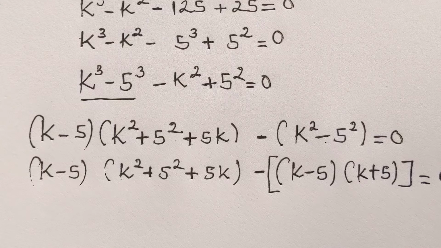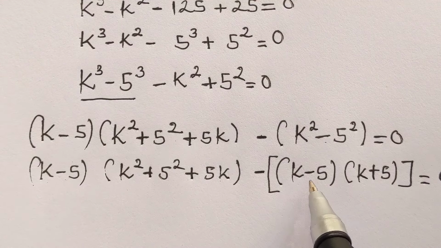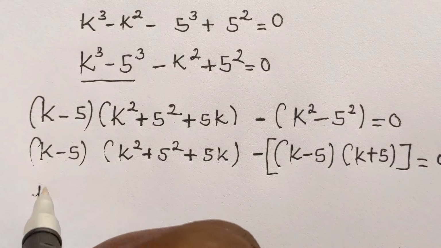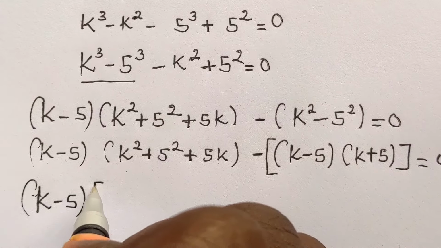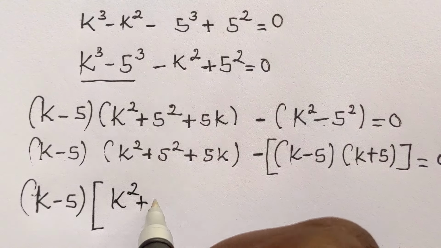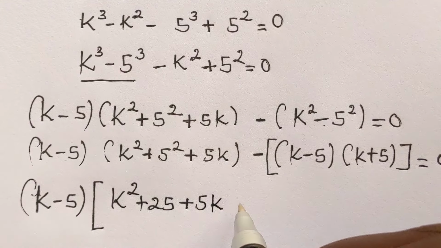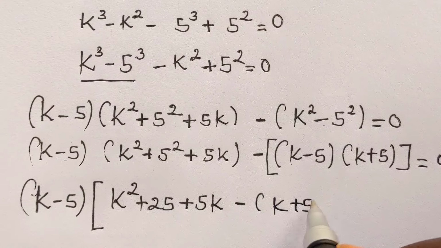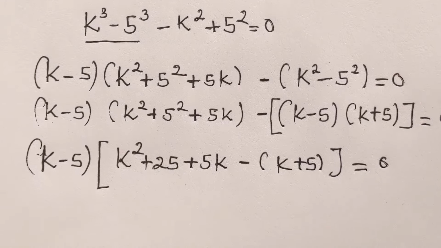Then at this moment, here we have k minus 5 and here I have k minus 5. We can factorize k minus 5, then open bracket of k squared plus 25 plus 5k, then minus k plus 5, which equals 0.